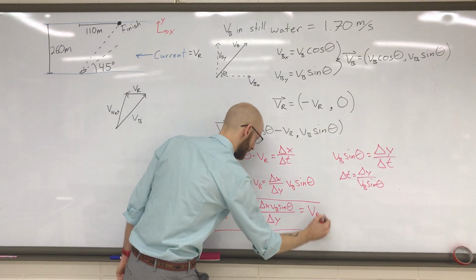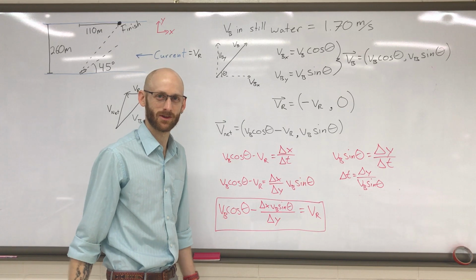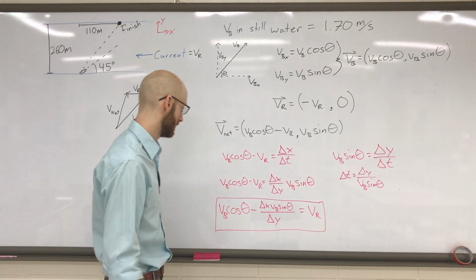There we go. Plugging in numbers ought to give us our answer. I don't think I'm going to take the time to do that because you can just look at the solution. But there we go.